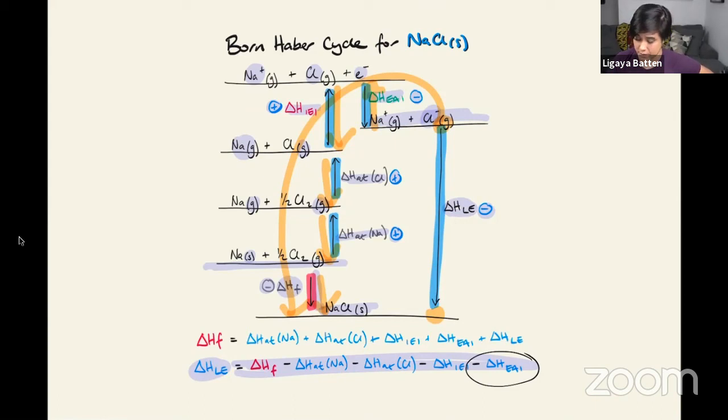Then we've got the first ionization energy, so we're going to minus that, and that's a positive, so minusing that's just going to give us a minus. Then the next one is this one, the next one is this one, and then the next one is going with the arrow of the delta HF, and so that's going to be a positive.